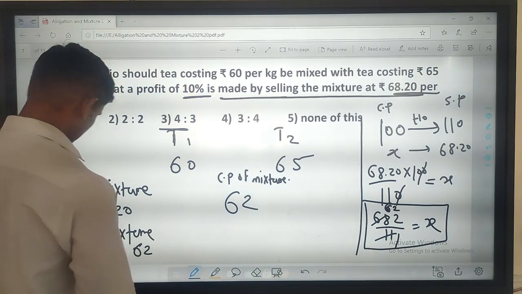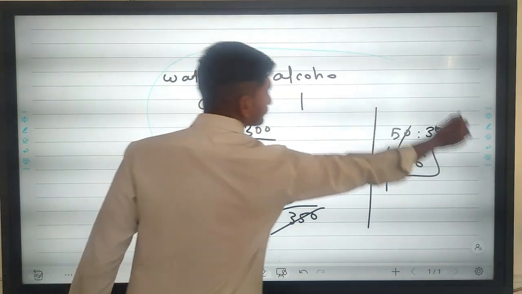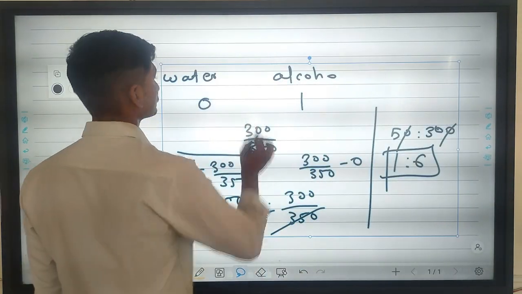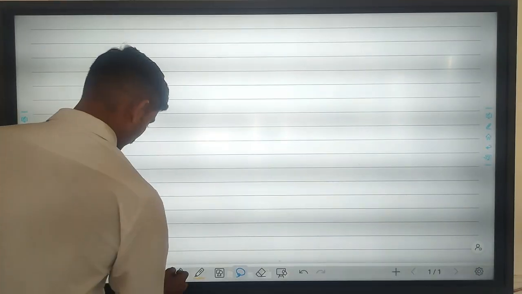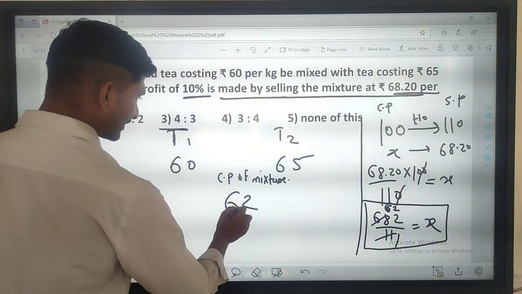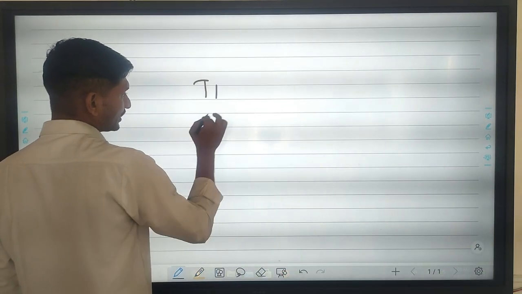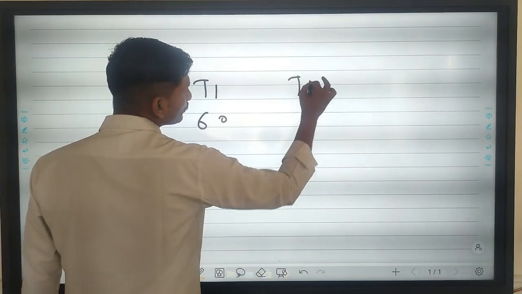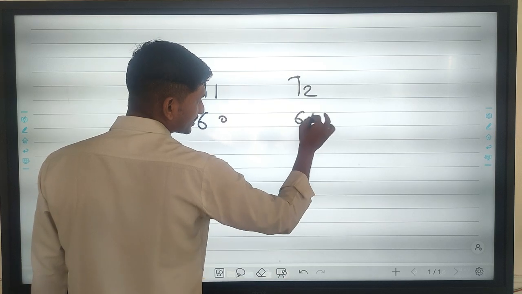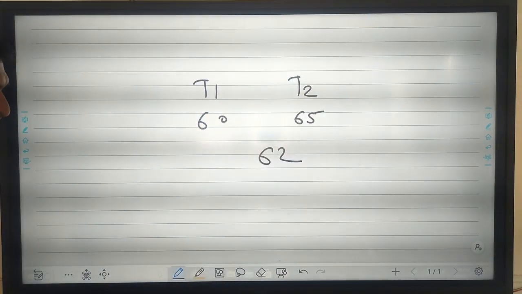Now what? We have 60, 65 and 62. T1 is 60, T2 is 65, and then the mixture will be sold at 62.